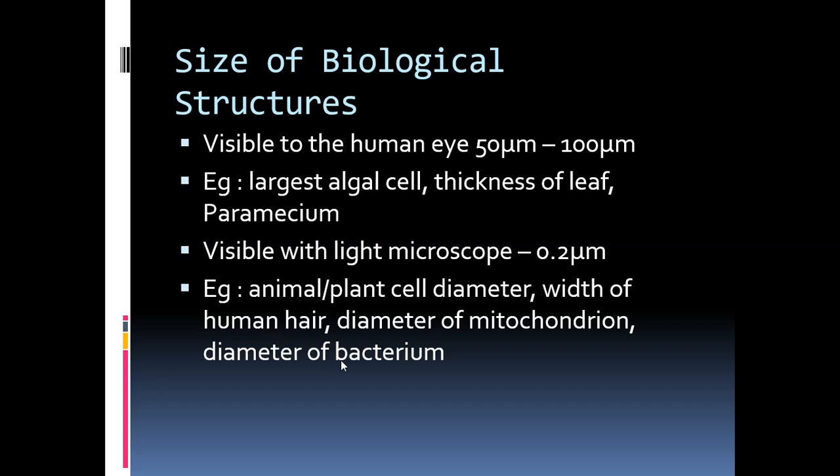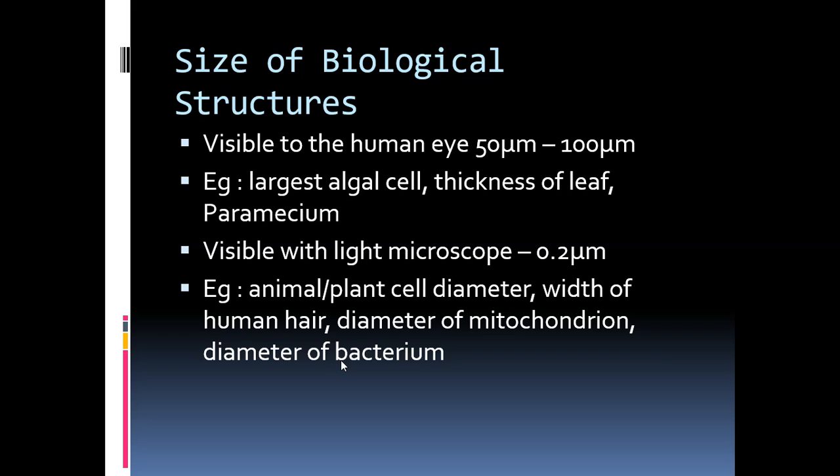However, there is a limitation on how small an object the human eye can see, right? Because the human eye can only see structures or objects as small as 50 micrometers. Any objects or structures smaller than that, we could not actually see with our naked eyes, right?